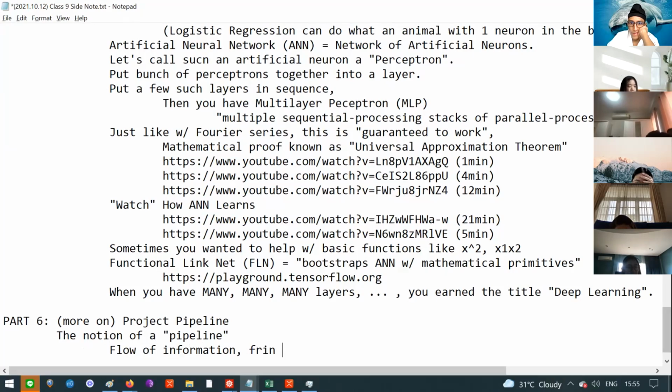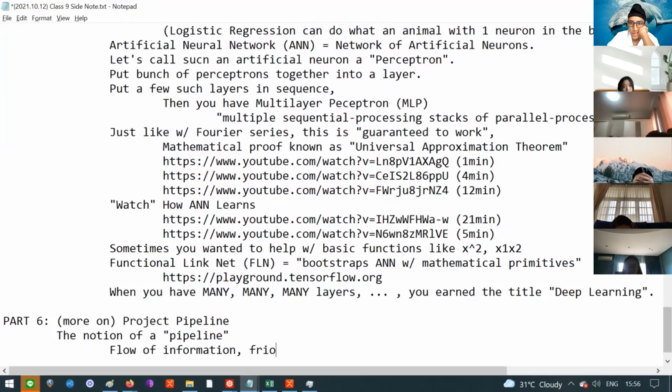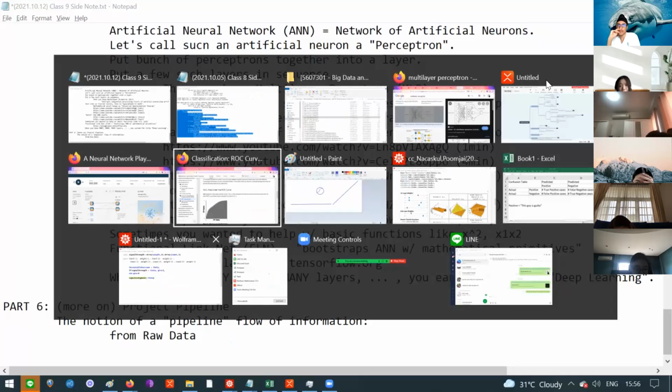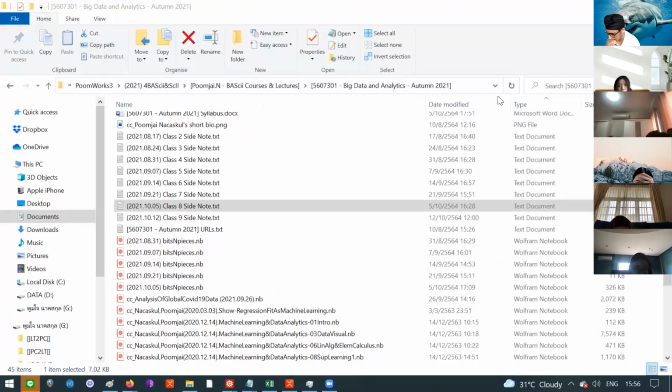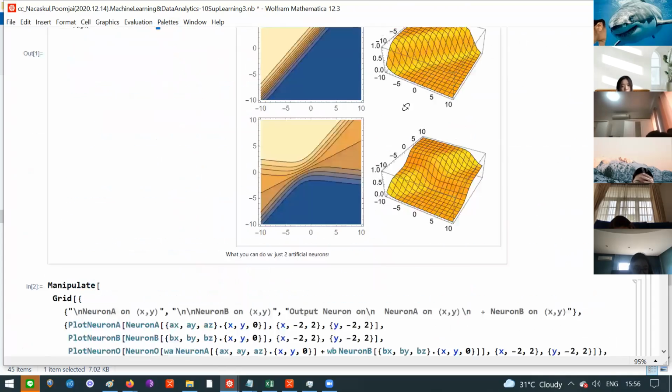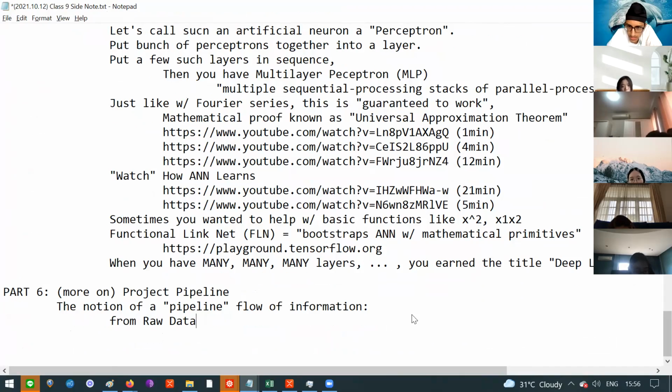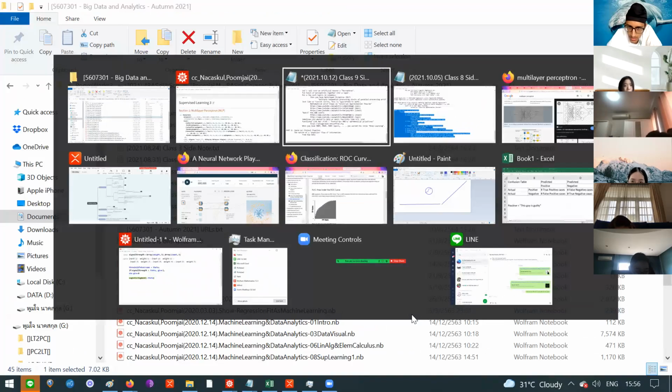from data, from raw data. Now, raw data is when, for example, we look at some experiment, from raw data into some kind of clean data.